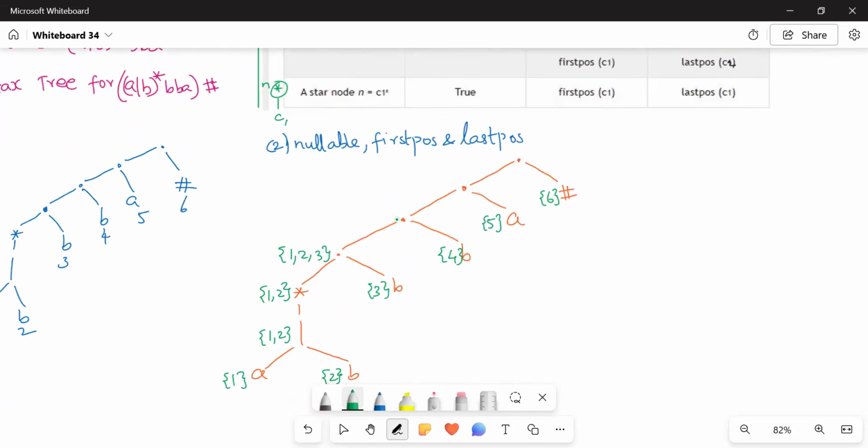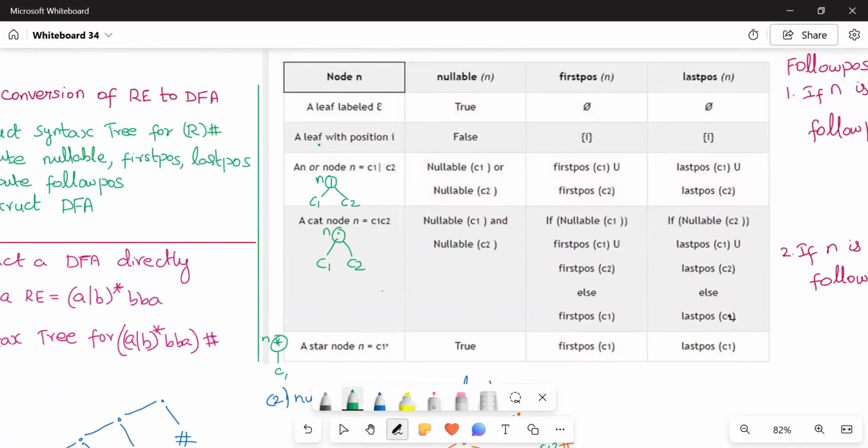So we need to find first position for this node. We need to check whether nullable of C1 is true. Nullable of C1 is true means, it's a cat node, so both its children must be true. Star node is nullable, so nullable of star node is true. So C1 is true, but what about C2? If a node is labeled with some other position, nullable is false.